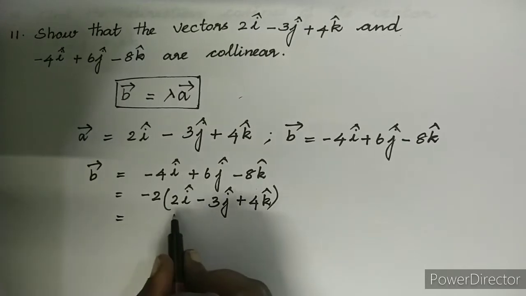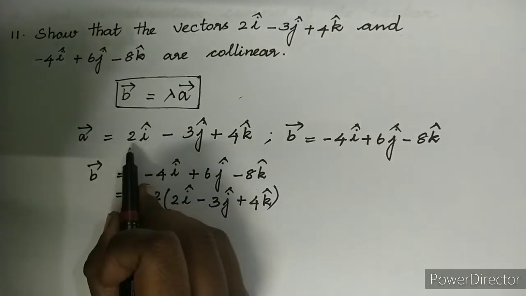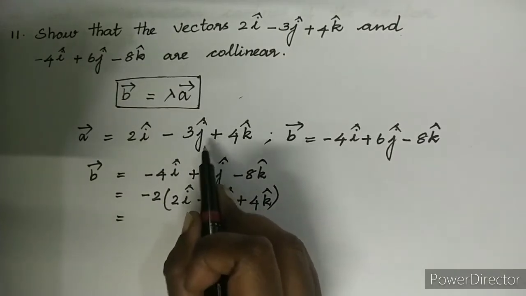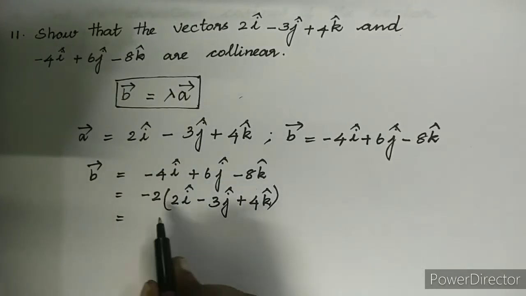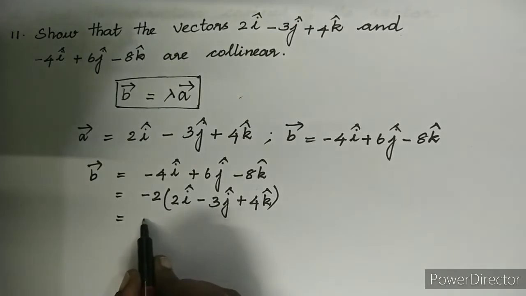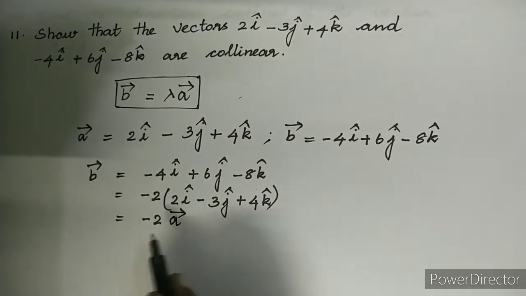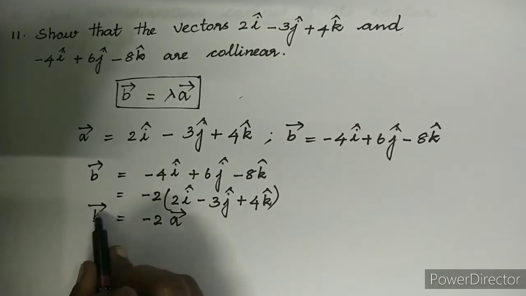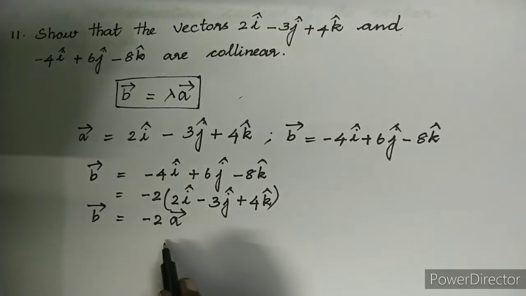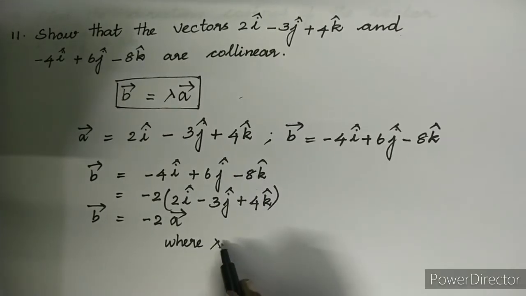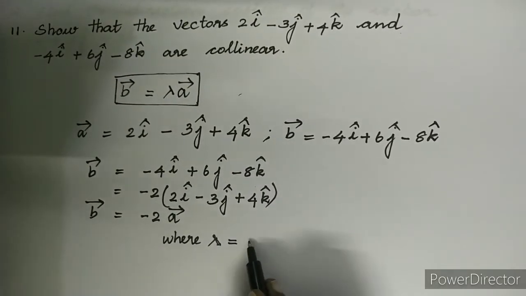Now, this is nothing but our a vector. Our a vector is 2i cap minus 3j cap plus 4k cap. So instead of this, we will write b vector is equal to minus 2 into a vector. Here lambda is nothing but minus 2, which is a non-zero scalar.